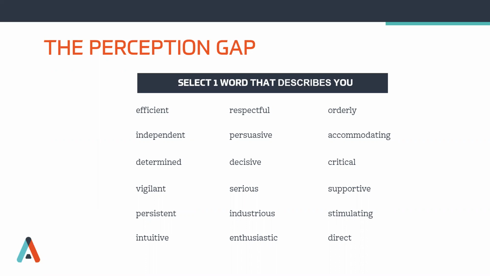Hopefully at this point you found a word that really resonates for you. And likely, whatever that word is that you selected for yourself, you have a positive association with that word. And you likely show up to work and try to choose behaviors that really embody that word. I try to show up to work and be supportive because that's what feels good to me at the end of the day.